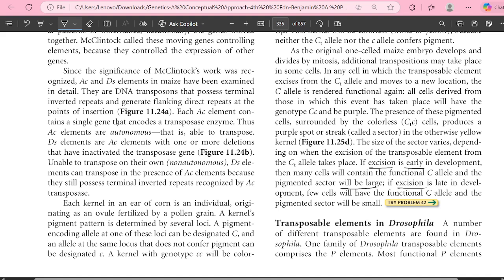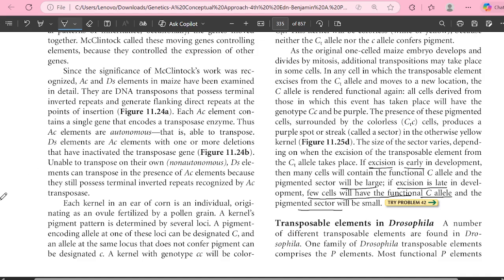But if the excision is late in the development, only a few cells will have this functional capital C allele and the pigmentation sector will be small. So this is how the Ac/Ds elements work in the maize.